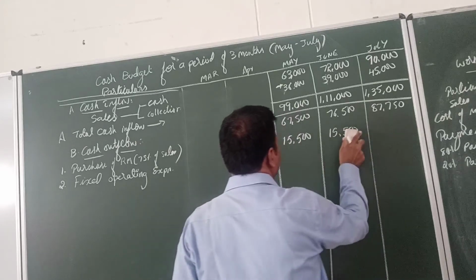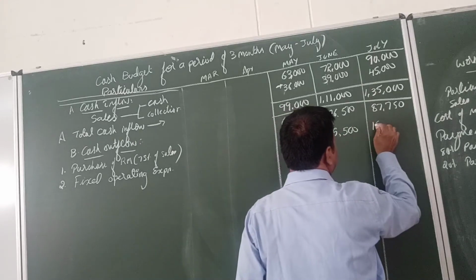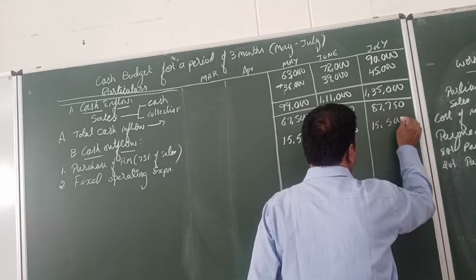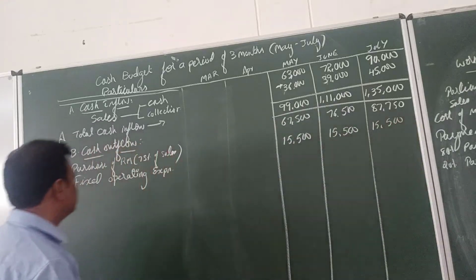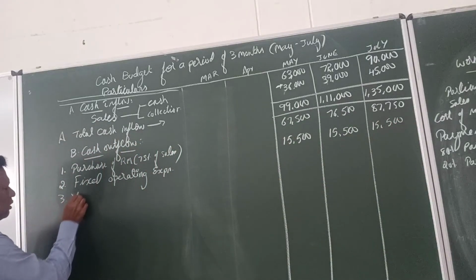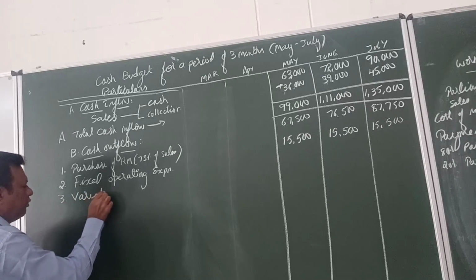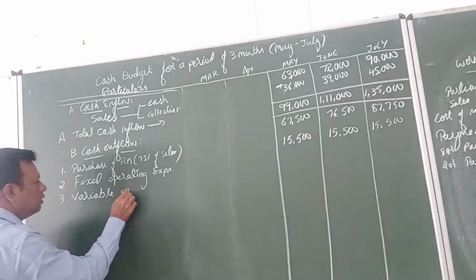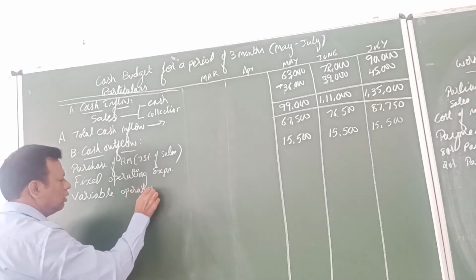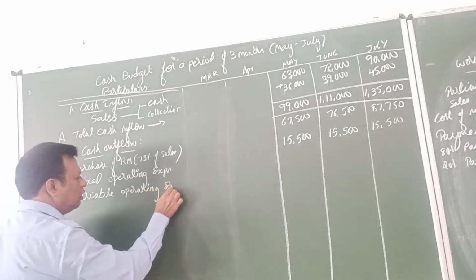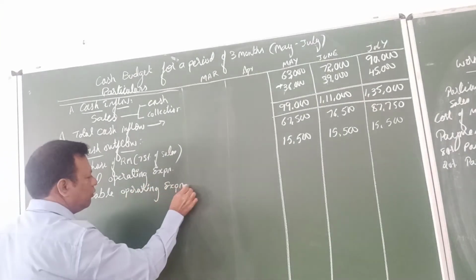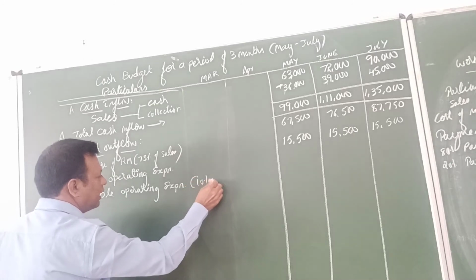Okay. 15,500 every year. And then what have they said next? What is the amount of variable operating expenses? Variable operating expenses 10% of.